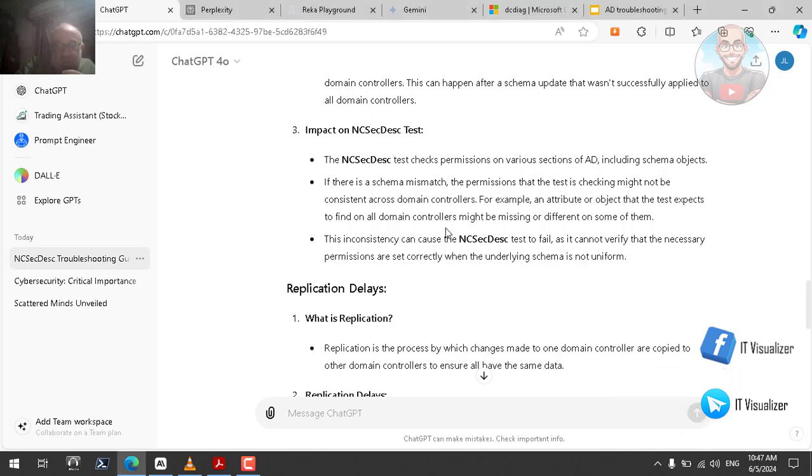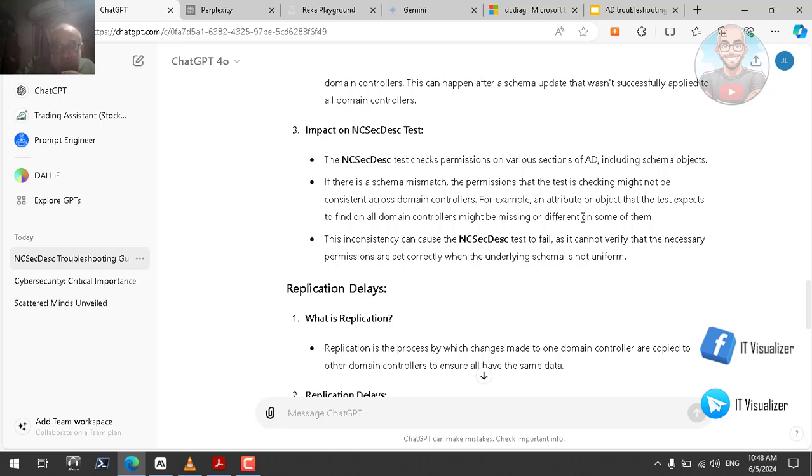So here it is saying that it will check the permissions on the schema database partition. If the schema partition is not the same on all of the domain controllers, this will lead to this test failing, even though it checks for the permissions on this partition.